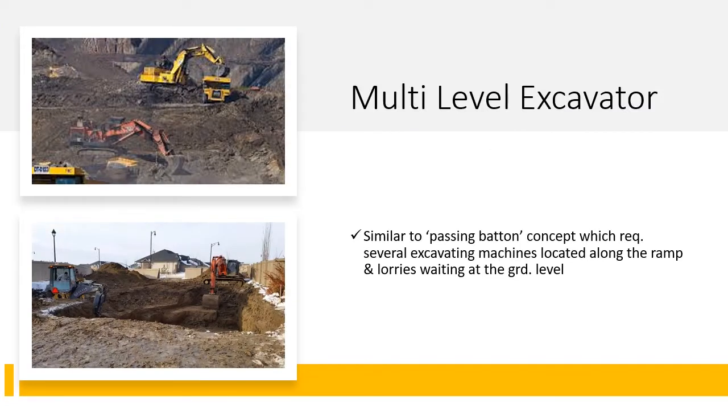Last, we have multi-level excavator. It is similar to the passing baton concept, which requires several excavating machines located along the ram and lorries waiting at the grid level. See here, there is a ram, this one excavator will excavate here and then it will pass here, and this excavator will pick up the soil and put it into the lorry, so passing the baton.